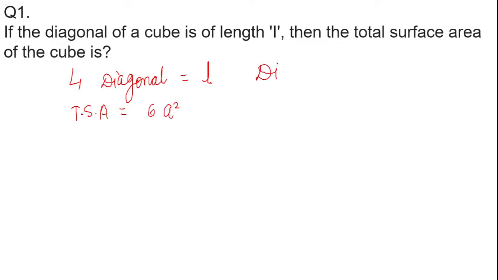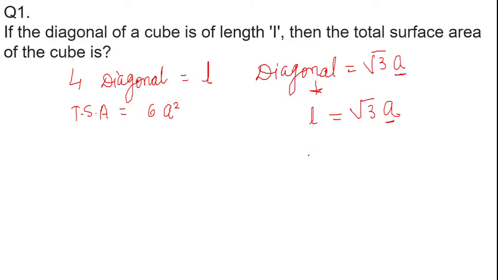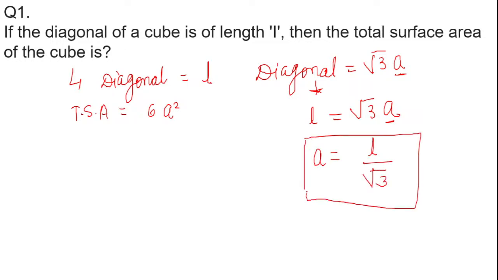Also we know the diagonal is root 3 a. The diagonal mentioned in the question is L, so L is equal to root 3 a. A is actually the side of the cube. So a is equal to L upon root 3. Can I write like this? Yes. So this is the side of the cube now.